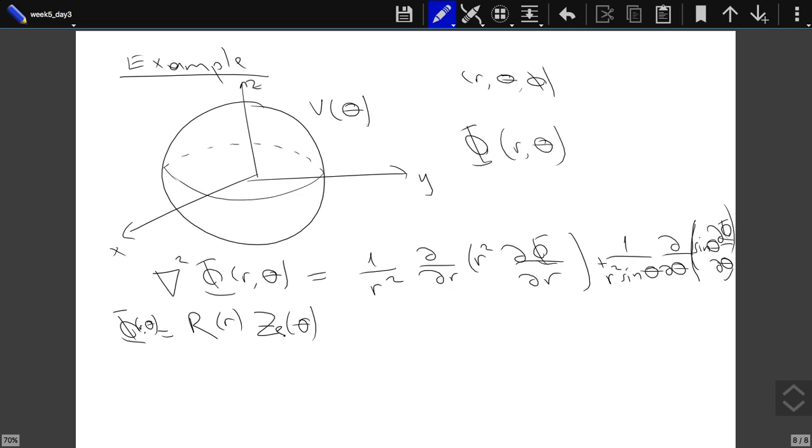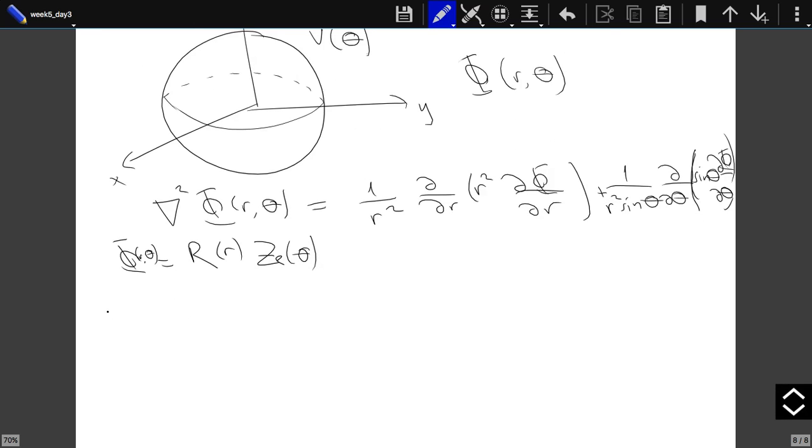Okay, let's put it now in our equation. So the Laplacian acting on this potential will be, well, the first term, here the derivatives only act on R. So they don't act on ZE, I can take it out.